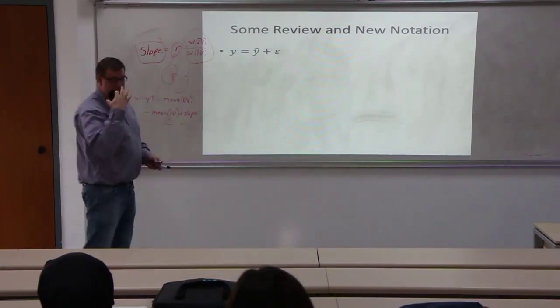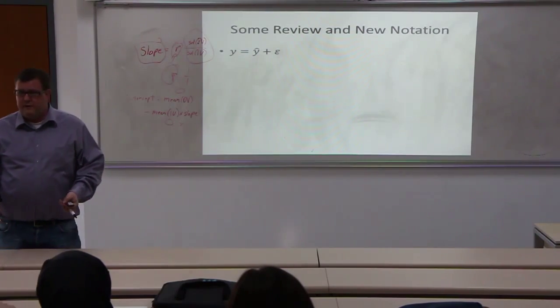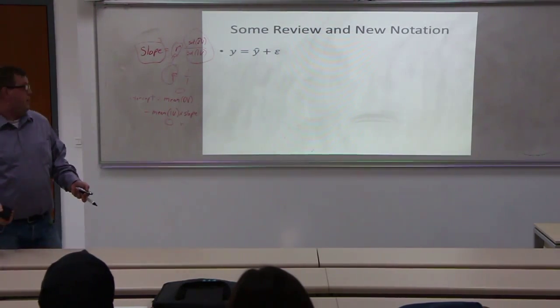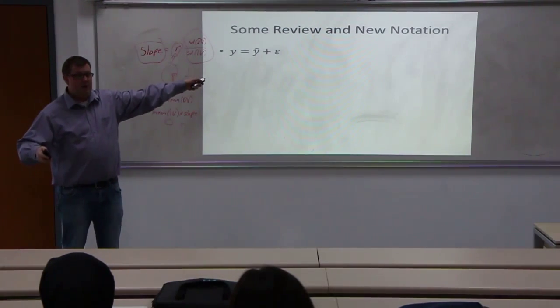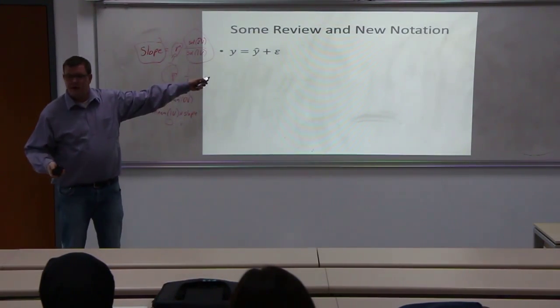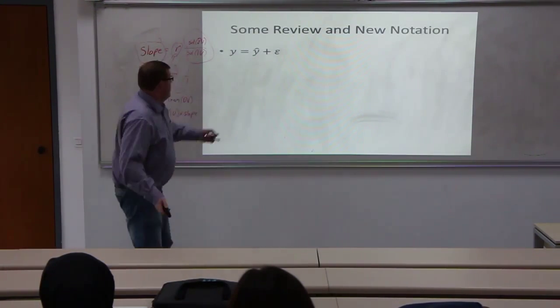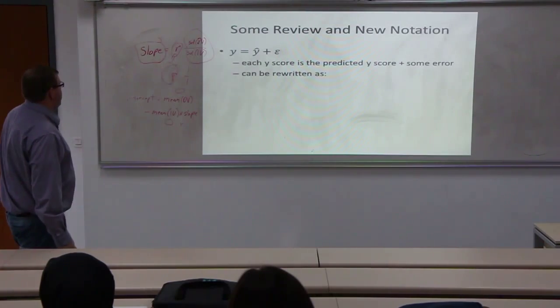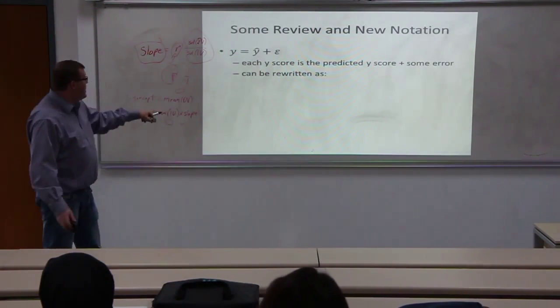Last class we talked about how we could express each value that we observed for whatever our dependent variable was as our estimate for that variable plus some error, right? So this y hat, that's our estimate plus error. That's fairly familiar. So each score is just what you predict plus some error, and we can rewrite this.